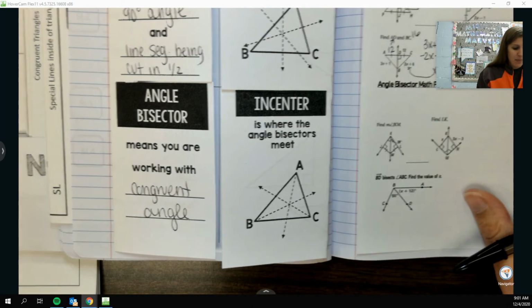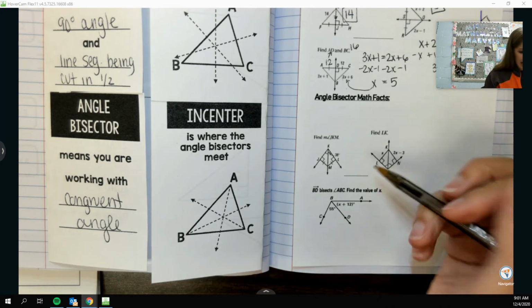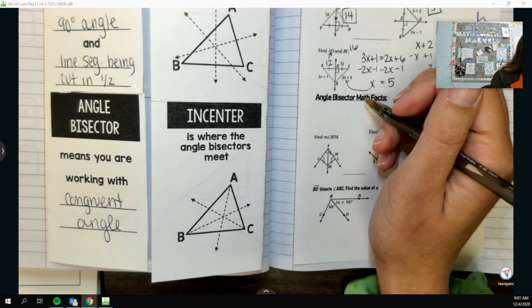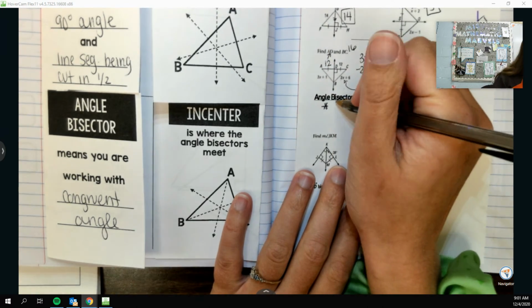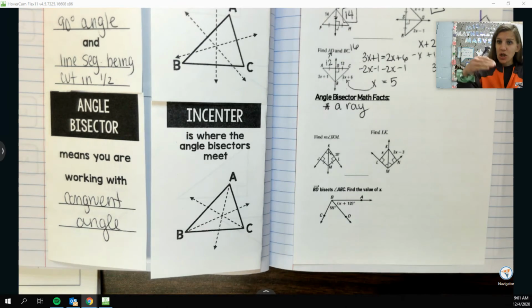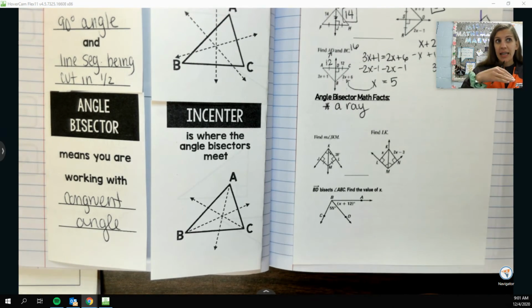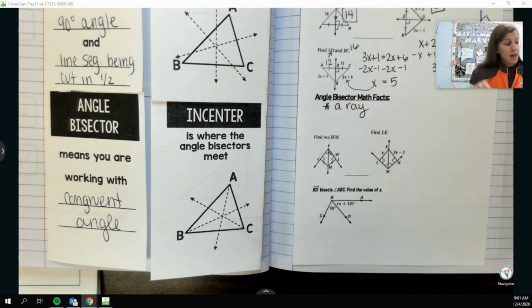So some angle bisector math facts that we can use. Like I said, when we are cutting an angle in half, we can set stuff equal. It's a ray because it starts at an endpoint and then an arrow goes out.